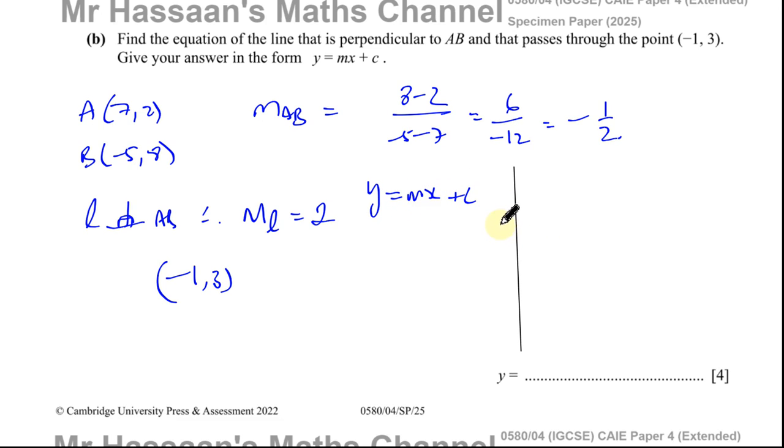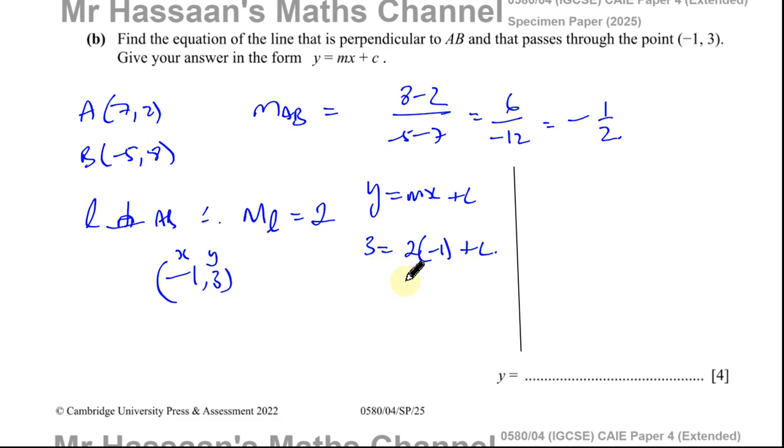Here we know the gradient that we need, which is 2. And we know this point, this is the x coordinate, this is the y coordinate. So we can simply substitute those values in. y is represented by 3. The gradient of the line is 2, times x, which is minus 1, plus c.